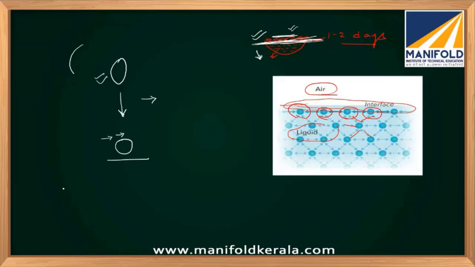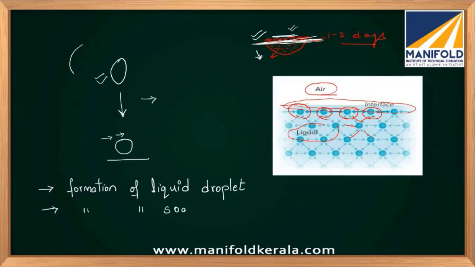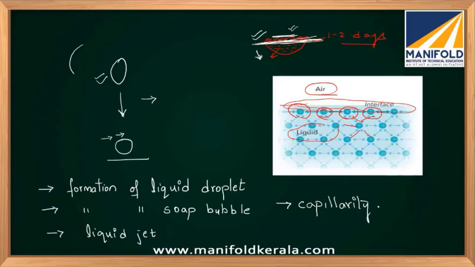This surface tension phenomenon is involved in the formation of liquid droplets or water droplets, formation of soap bubbles, liquid jets, and capillarity. These are the cases where the surface tension phenomenon is always taken into consideration.